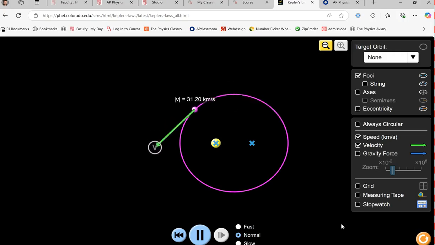And why does that happen? Yeah, my radius is decreasing, so gravitational potential energy goes down, kinetic energy goes up. So when we are closest to the sun, you would think that's summer, which it's not. So summer, remember, the Earth is tilted.